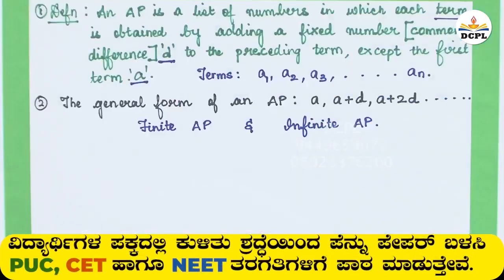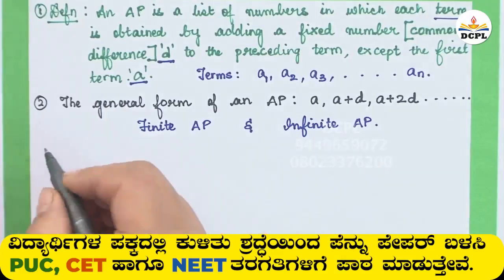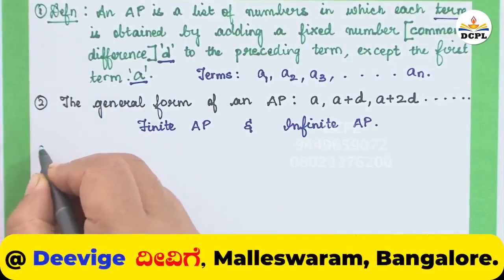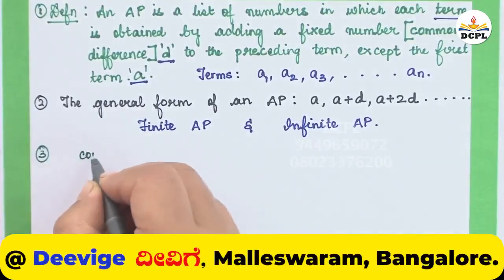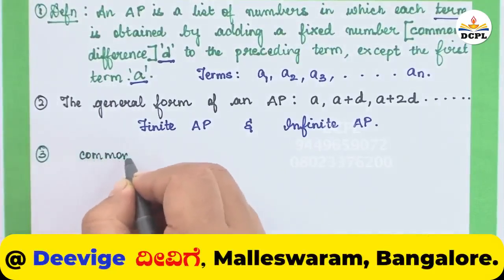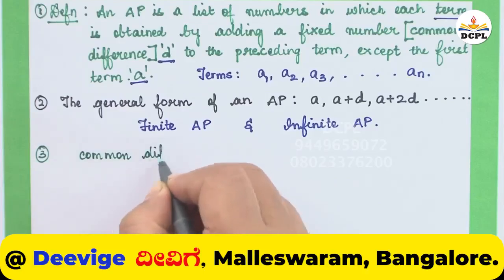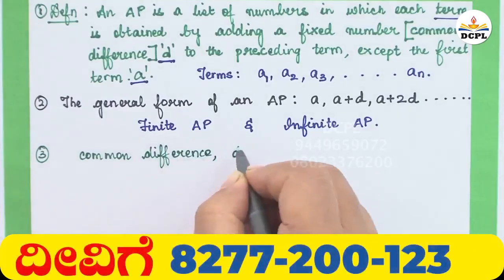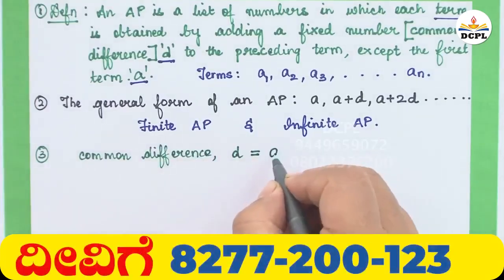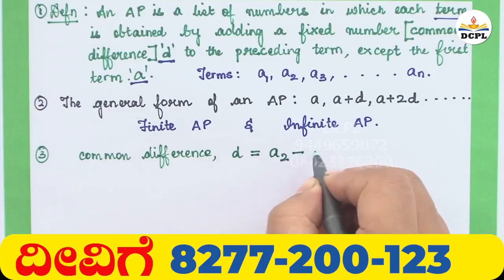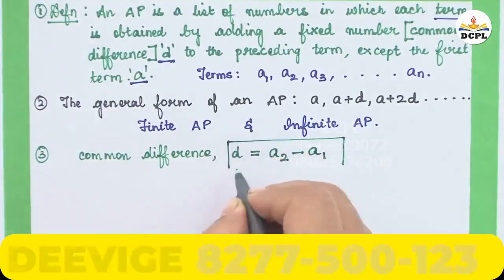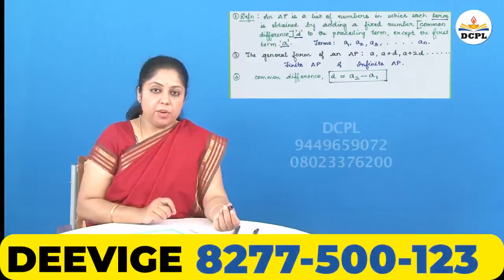The next concept we studied was how to calculate the common difference. Common difference D is got by subtracting the previous term from the succeeding term. Please remember, this is a very important concept that you need to remember throughout arithmetic progression.